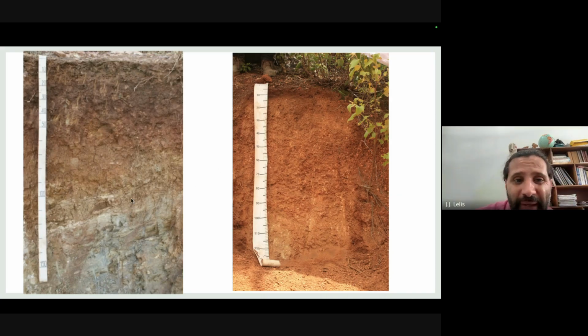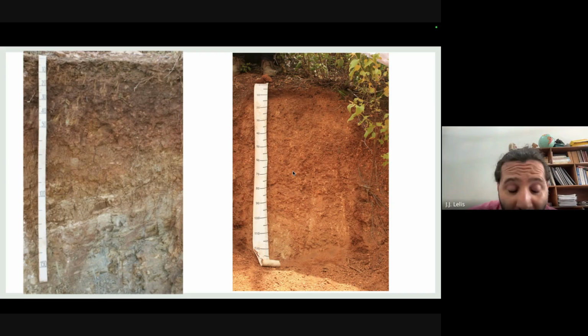Because of this limited evolution, it's quite common that the Cambic horizon registers several different properties, different shapes and different colors. So you can see here, this is a Cambic horizon, and this is also a Cambic horizon. You can see a lot of white spots, and these spots are not calcium carbonate, they are not gypsum, they are feldspar grains.